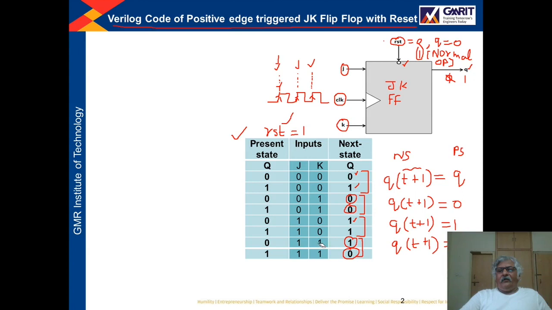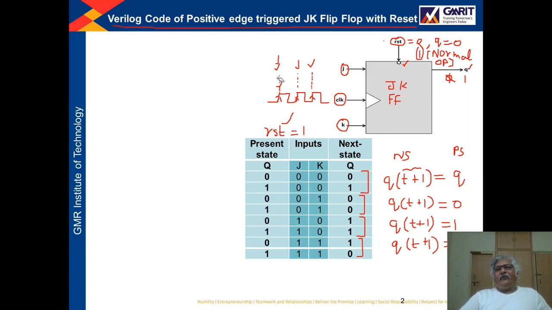So you always remember one more point. For the JK flip-flop, the change in the output, that is the next state, will be applicable only if RST is 1. This is point number 1.